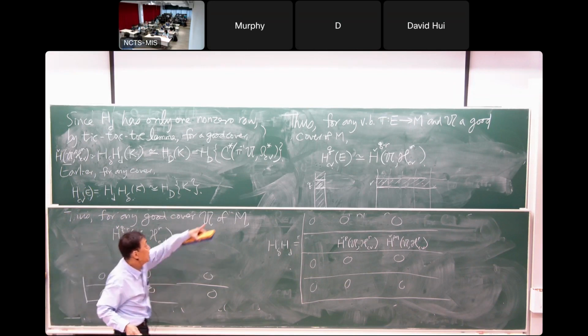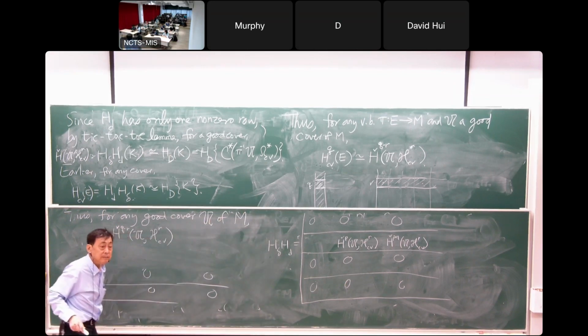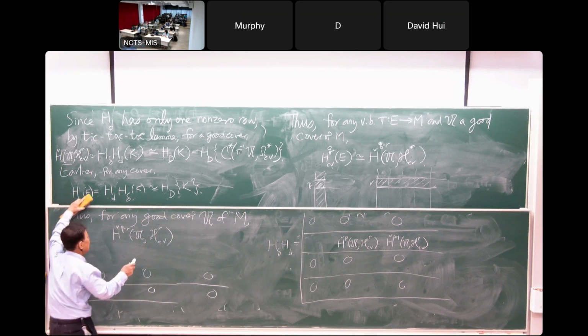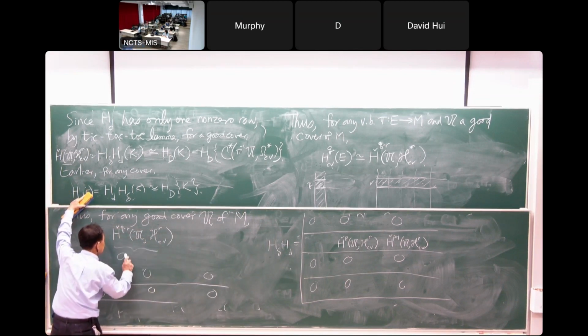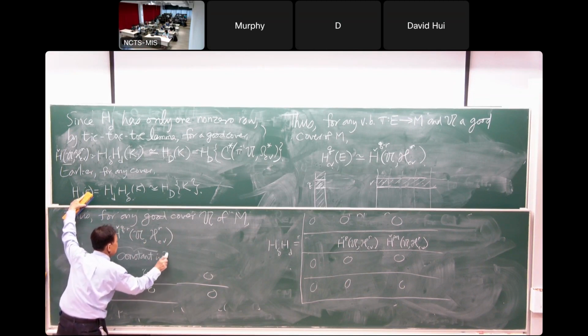It's all isomorphic to H^Q_CV of E. So this is constant in U.